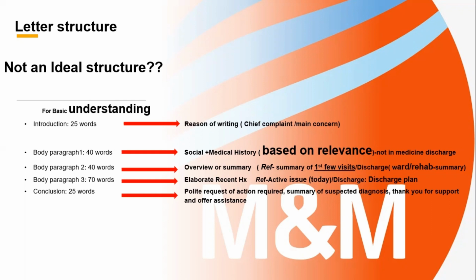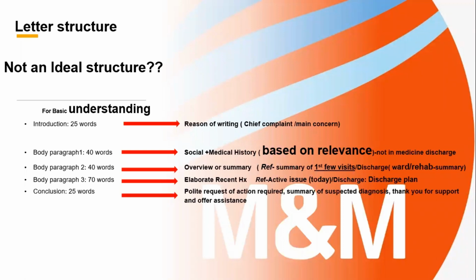If the patient had mild chest pain and visited you 3 times with mild chest pain, and today he visited you with severe chest pain, then with reference to today's visit, we can summarize those 2, 3 visits in an overview form.